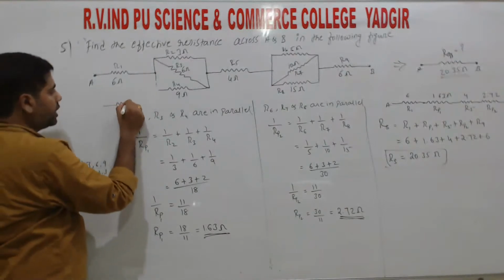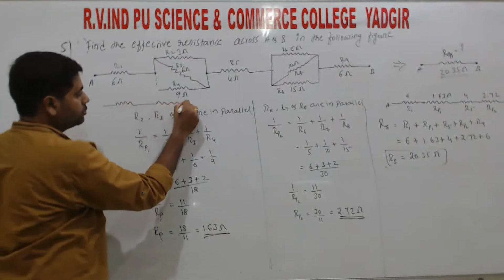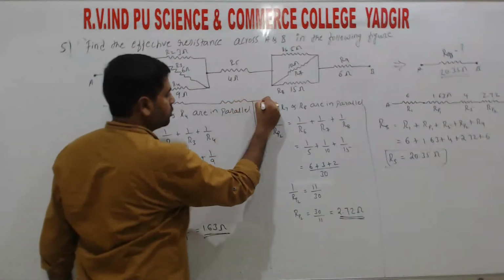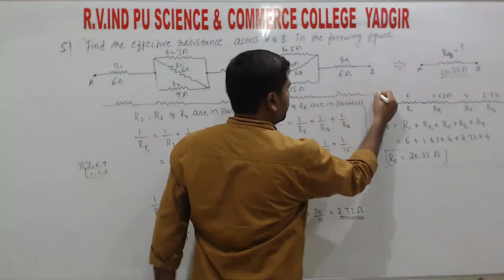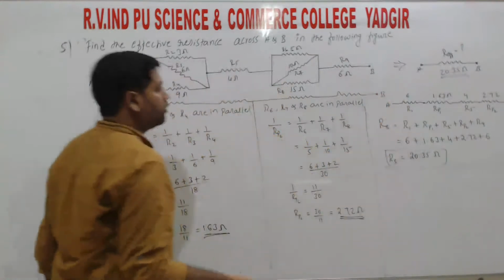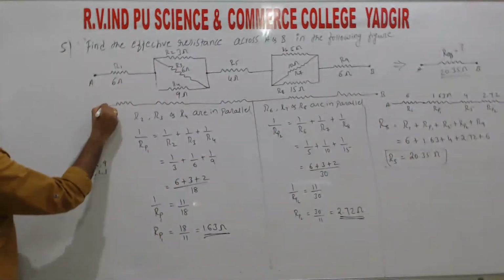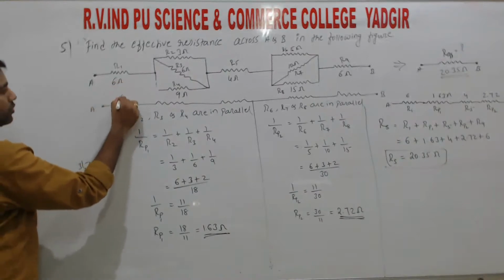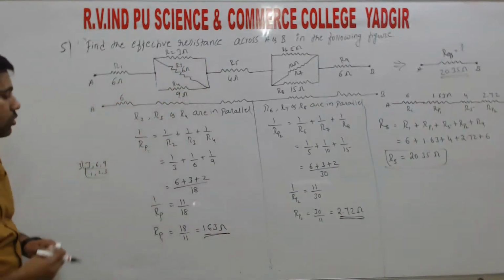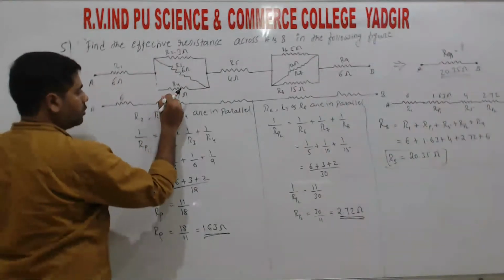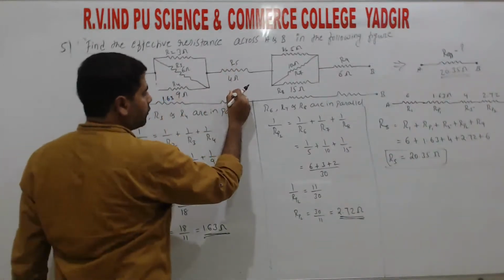So that is right here. 6 ohm. All these three combinations we get the value 1.63. Here it is 4 as it is.